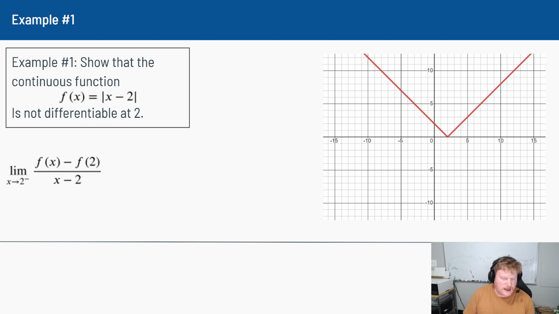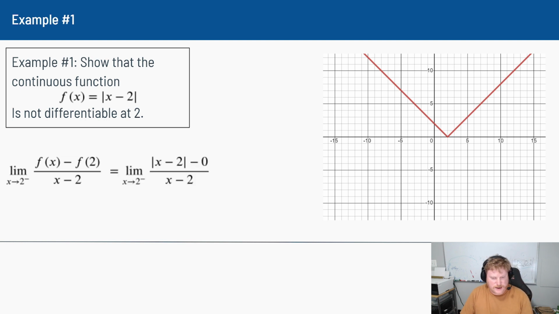That's the derivative formula that we saw at the end of the last lesson. It's a difference quotient with a limit applied. I'm letting the value of x get really close to 2 from the left side, and I'm looking at the difference in y's over the difference in x's.